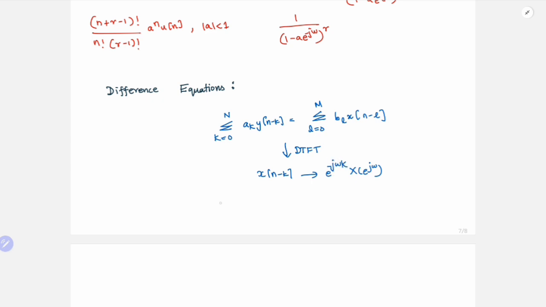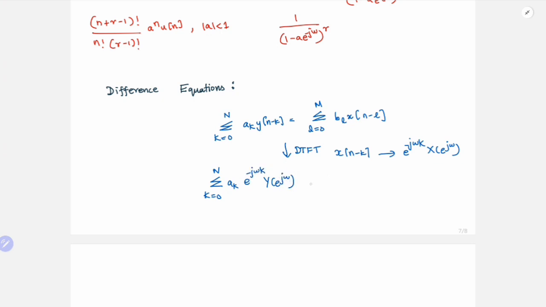Using that, this will get transformed to summation k equal to 0 to N, a_k, Y of e power j omega, e power minus j omega k, equal to summation l equal to 0 to M, b_l, X of e power j omega, e power minus j omega l.